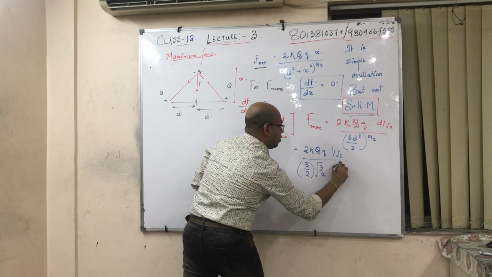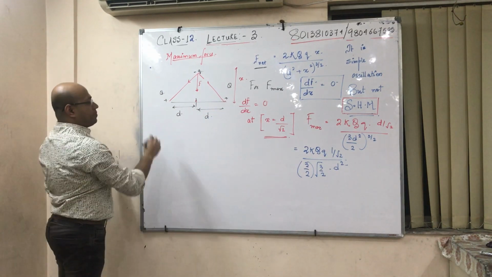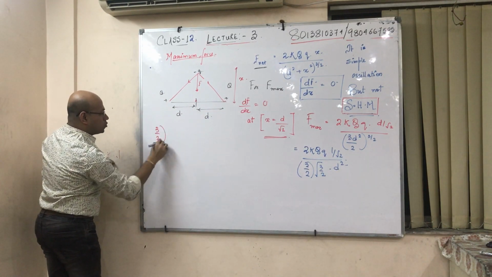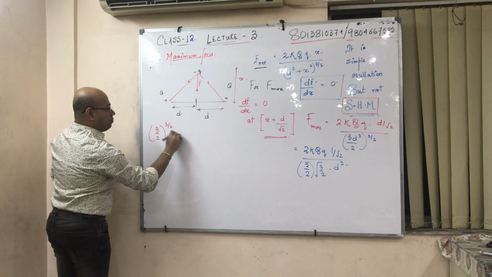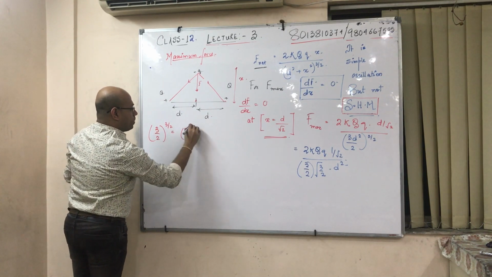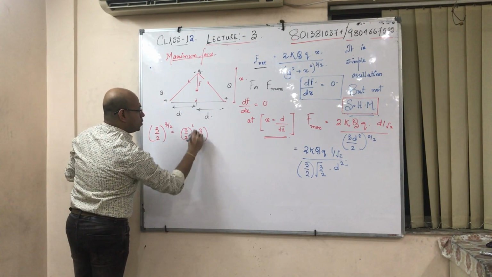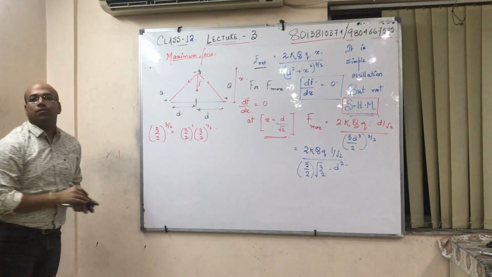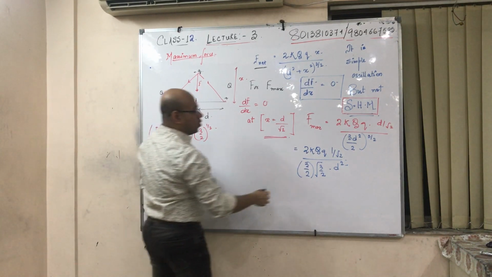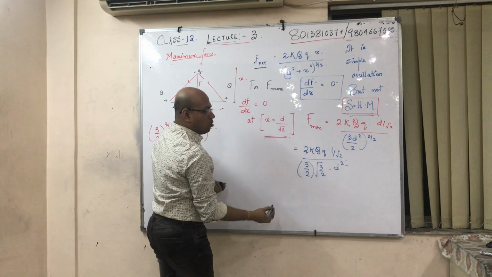I don't know how many of you have got this thing. Let me explain you. 3 by 2 to the power 3 by 2 means 3 by 2 to the power 1 multiplied by 3 by 2 to the power half. Simple.